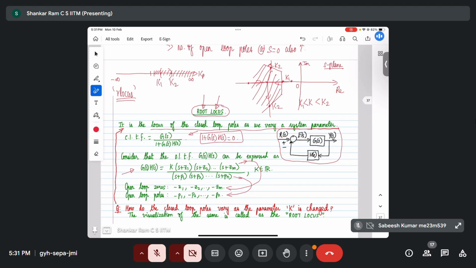Consequently, we are interested in the roots of this equation. Root locus is a graphical tool which tells us how the roots of this particular equation will vary as we vary a system parameter. All right, I hope the notion of root locus is clear. Any questions on what is the definition of root locus? We are going to learn how we construct it, but any question on the definition? No.